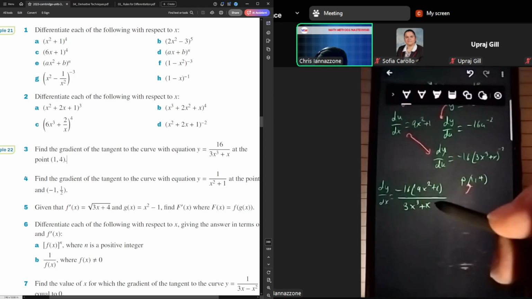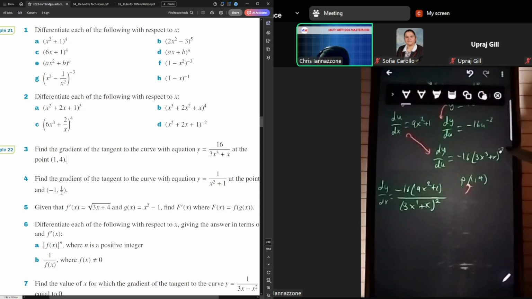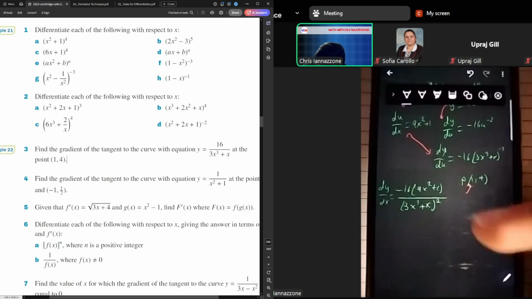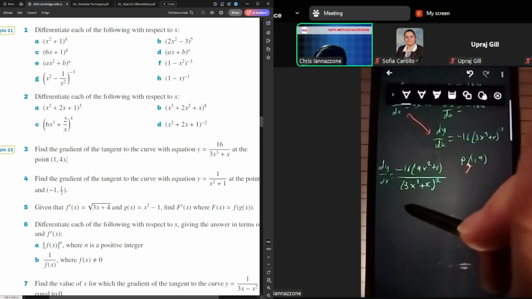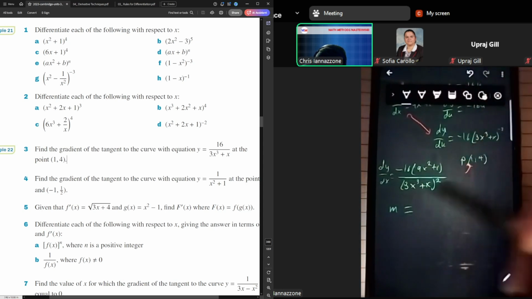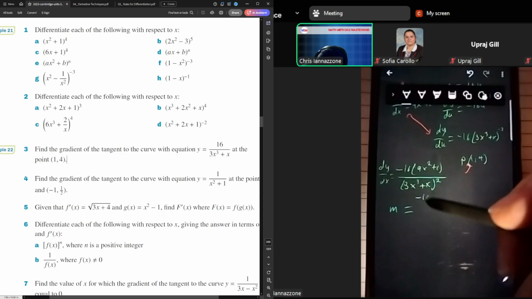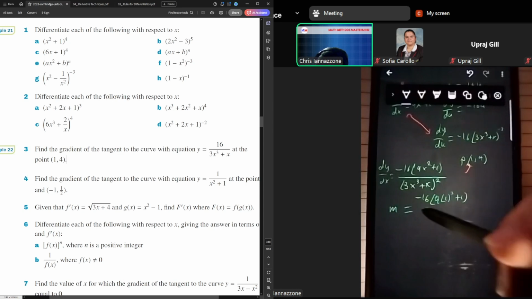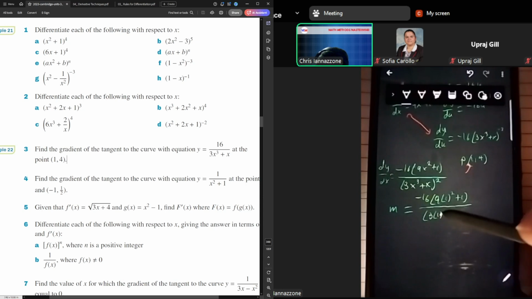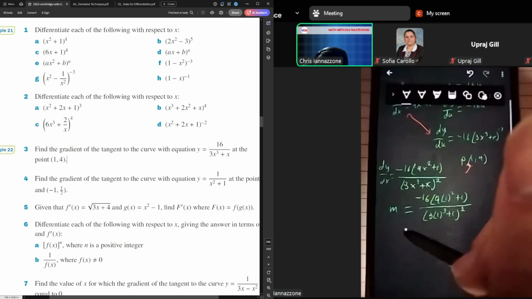So you can see why plugging in x equals 1 into this might not be so pleasant. Oh, I just realized I didn't even put the square on this thing. Yeah, the power of negative 2 should have made a square here. But okay, so our gradient, I'm just going to call it m: negative 16 times bracket 9 times 1 squared plus 1, all over bracket 3 times 1 cubed plus 1, all squared.